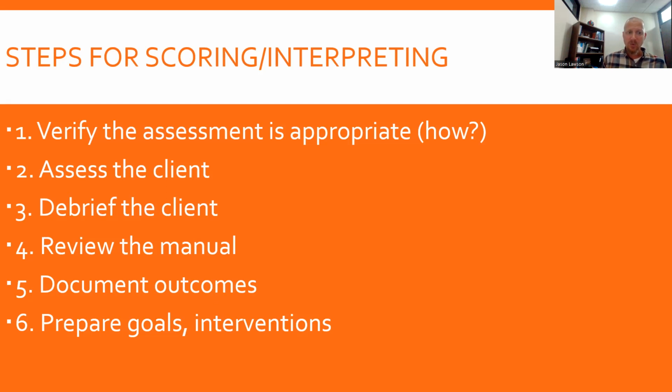When we get those scores and hear that from our patient, we should be going back and reviewing the manual. Okay, what do these scores mean? How do I interpret this? Are there charts that I need to look at? So again, that thorough review of the manual, to look at what I do with these scores. And then from there, you're likely able to document your overall outcome.